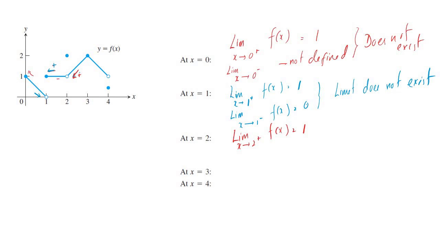And from the negative side, the limit as x tends to 2 from the negative side, f(x) is also equal to 1. So the limit exists and the limit is equal to 1. And the value at 2 is 2, but that doesn't affect the limit.